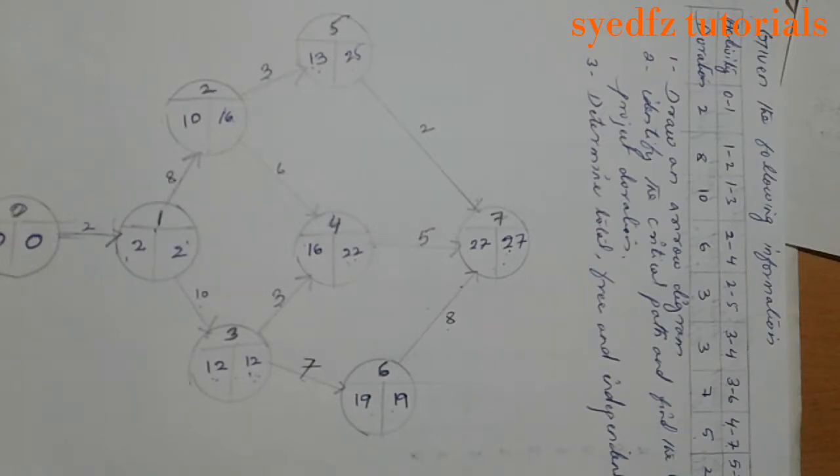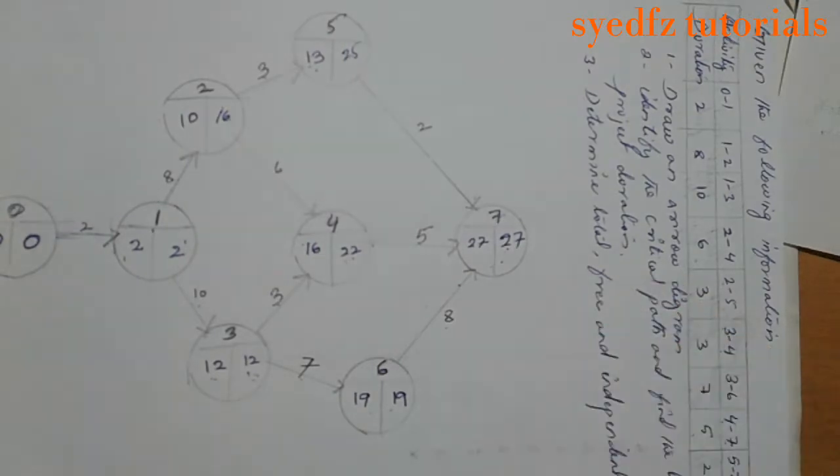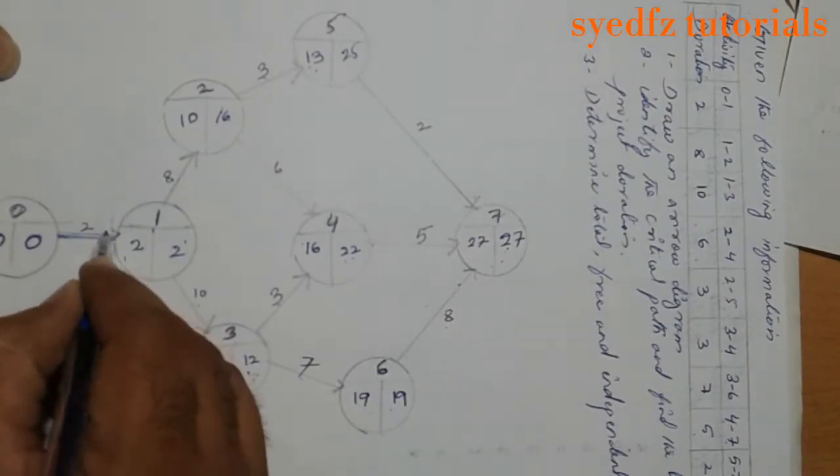Okay. The critical path takes how many days? 27 days. Okay. So how is this critical path going? By the highest value, this is the highest here.